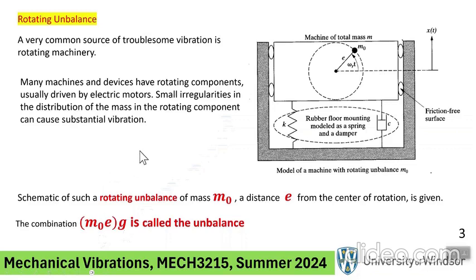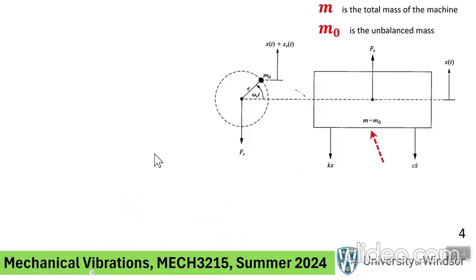So if you're ever asked what is the unbalance in this machine, you need to know the mass of the rotating component, you need to know the eccentricity and the gravity constant, and this combination will give you the unbalance of the machine.